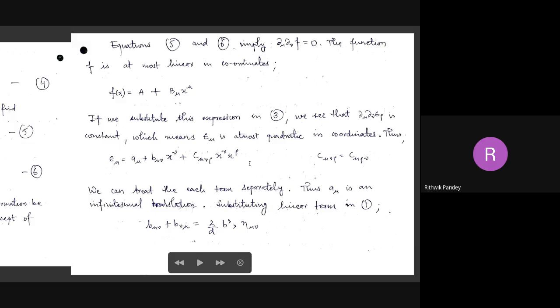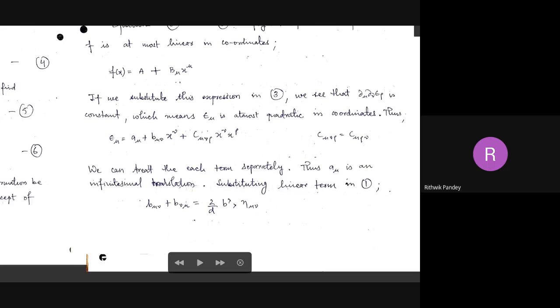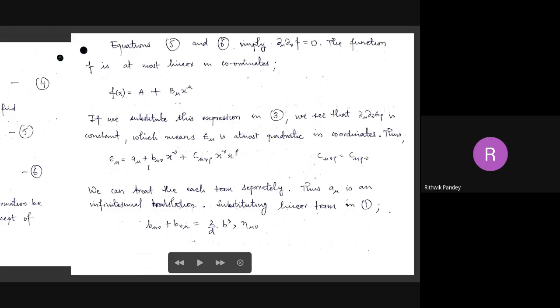Now, as epsilon mu in general follows the constraint that we have derived, each individual part also obeys those constraints. So we can look at individual parts of these equations one by one. First, we treat the term a mu, and a mu is an infinitesimal translation, we can easily see. So this thing is sorted out.